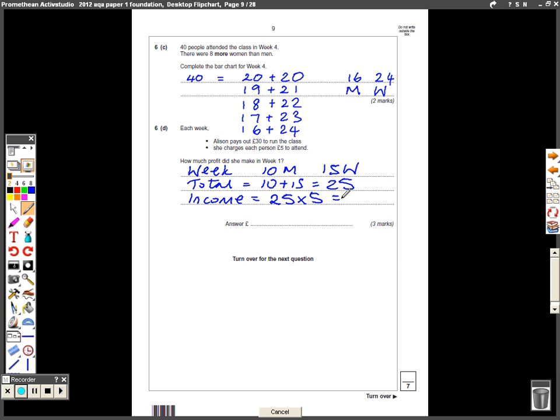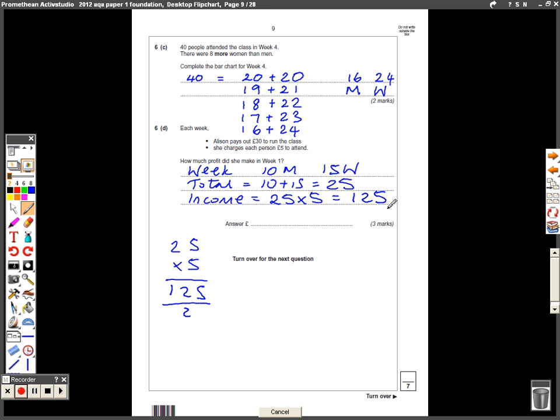And 25 times 5 I can times by 10 and then divide by 2. Or I could do the traditional way, 25 times 5, 5 times 5, 25, 5 times 2 is 10. So I can get the answer 125. So that's the amount of money coming in.